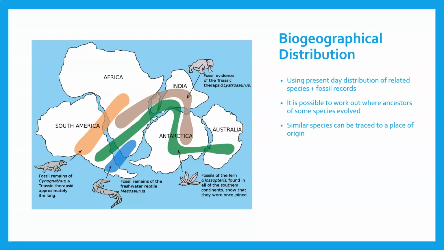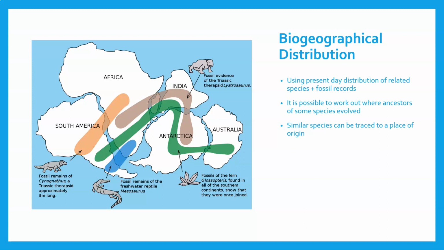So if we have a look at the map there, you can see how way back over many millions of years, when the continents were closer together, different species actually moved across the continents. Now that our continents are drifting apart, the fossil evidence is still there.